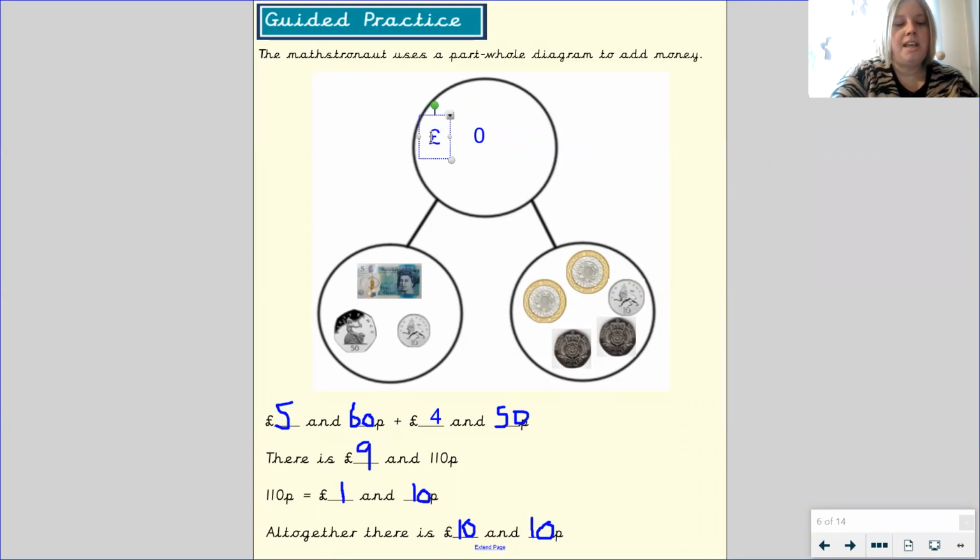And he altogether has £10 and 10p. Just going to move that box and get rid of that so it's nice and clear for us. That's better. So altogether we have £10 and 10 pence.